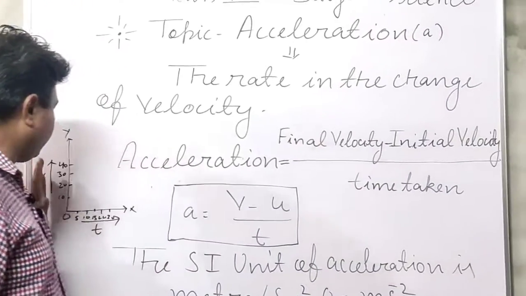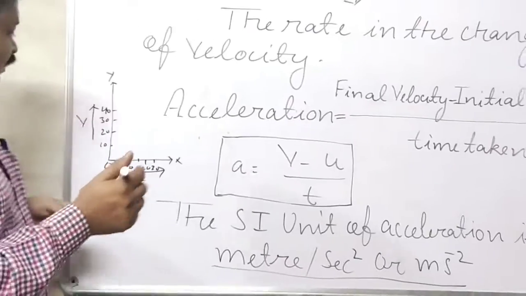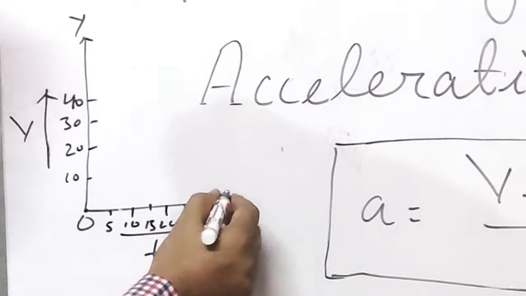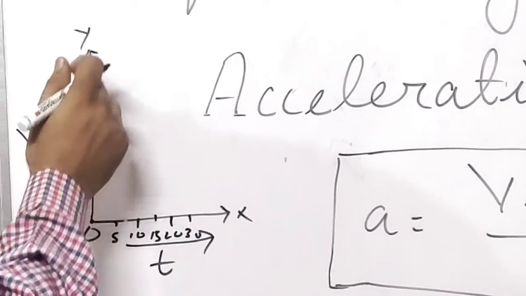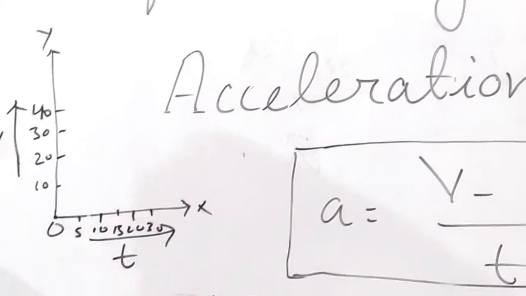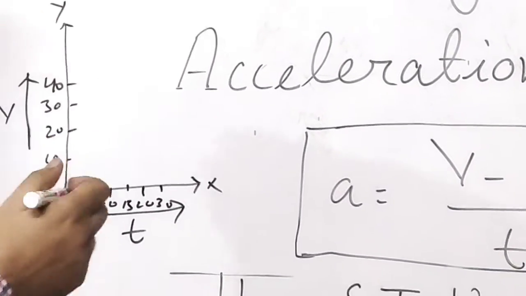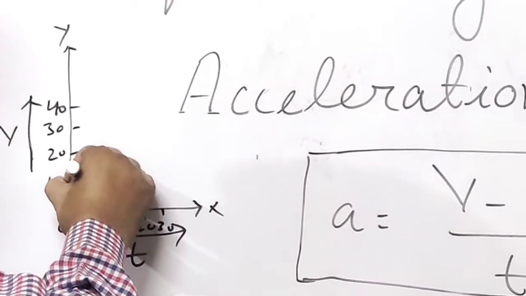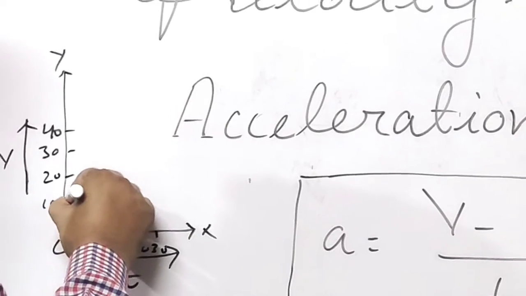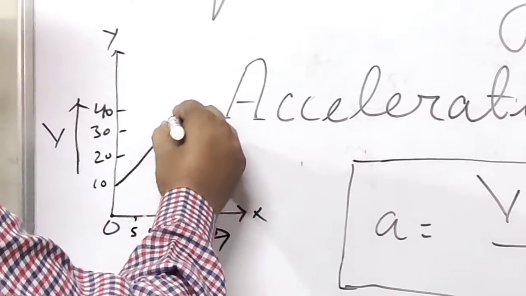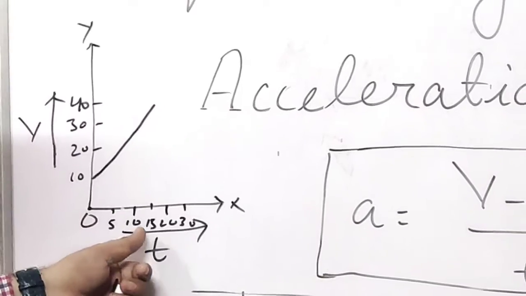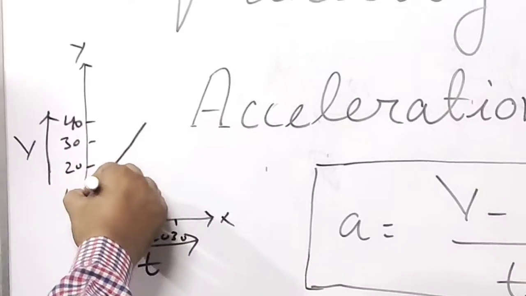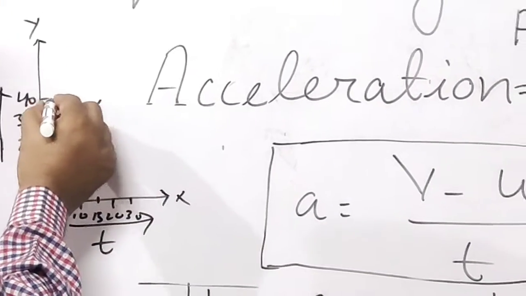Now with the help of this graph, I want to tell you, this is the origin point, and this x-axis is used for time and this y-axis is used for velocity. In this, imagine that an object starts its motion with 10 meter per second. At 15 seconds, it changes its velocity to 40 kilometer per hour.